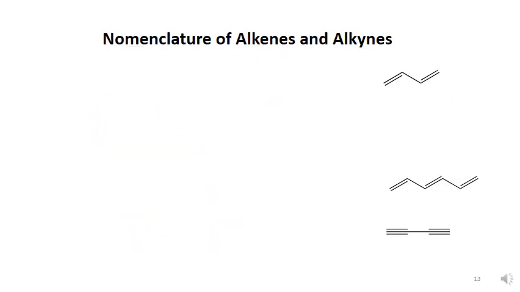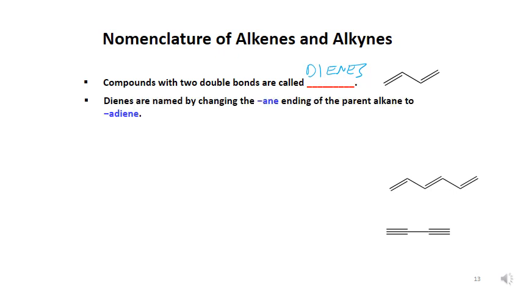These aren't that bad, but a little bit more with the alkene and alkyne nomenclature, and this is for compounds with multiple bonds. Compounds with 2 double bonds are called dienes, right? Because they're more than one ene and more than one double bond. And you name these by changing the ane to a diene.